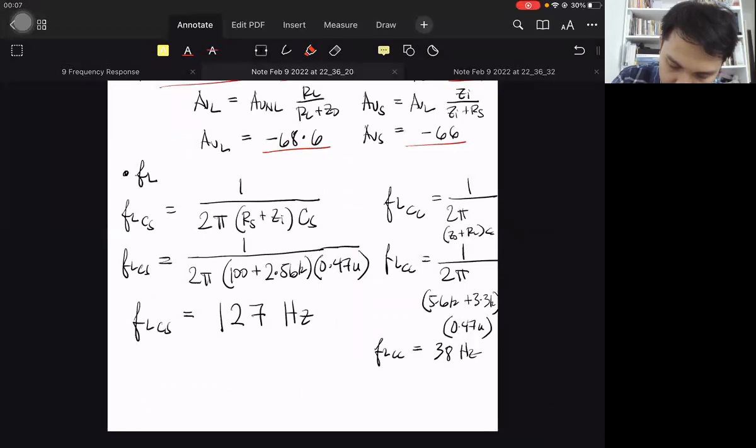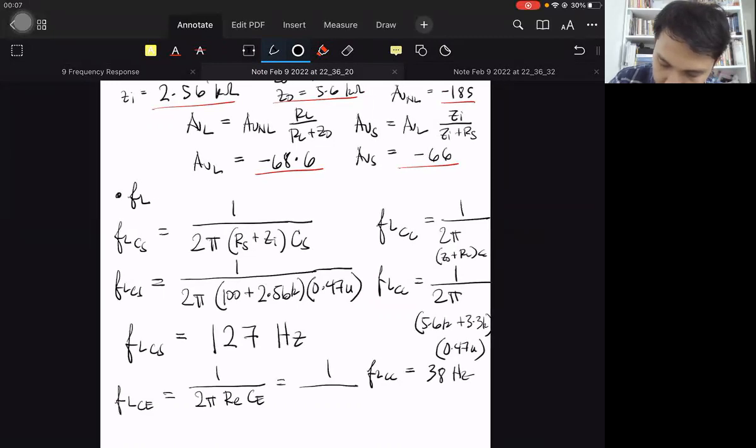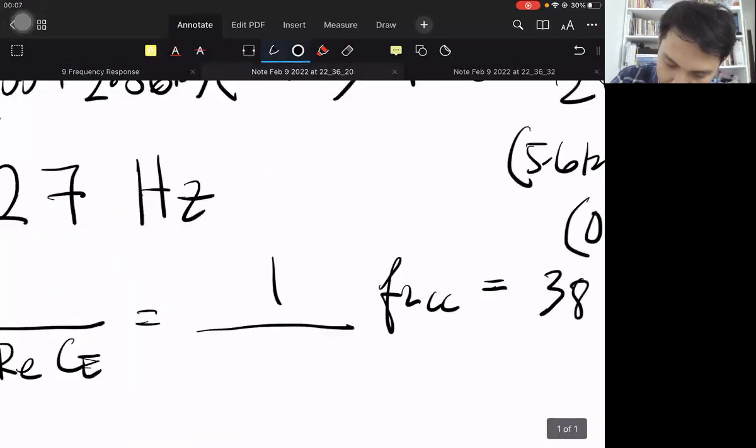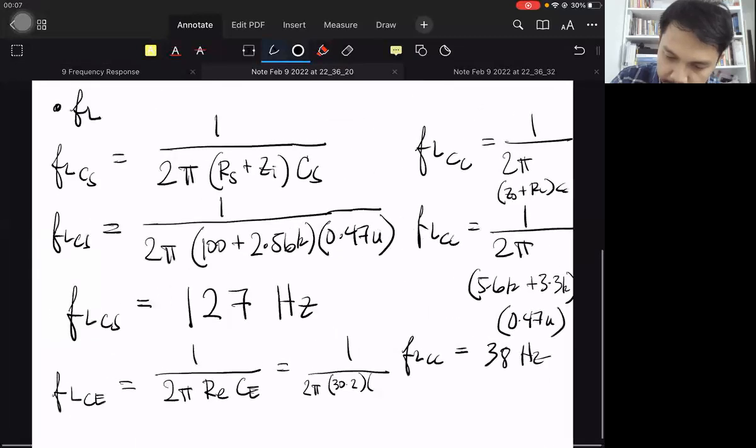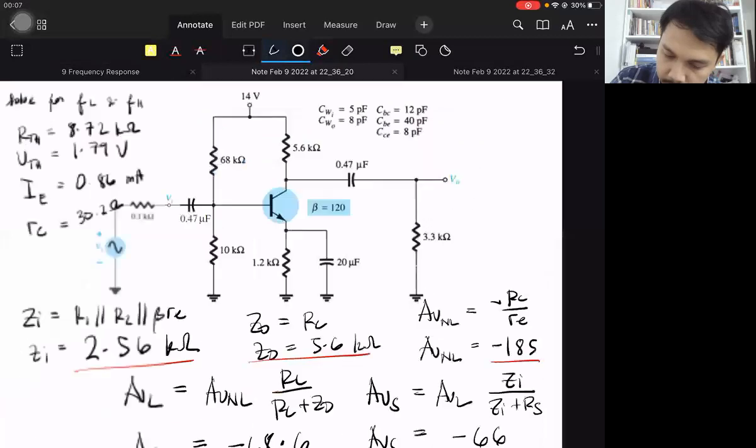So FL due to CE is equal to 1 over 2 pi RE CE. 1 over 2 pi, 30.2, and CE is the bypass capacitor, 20 microfarads.